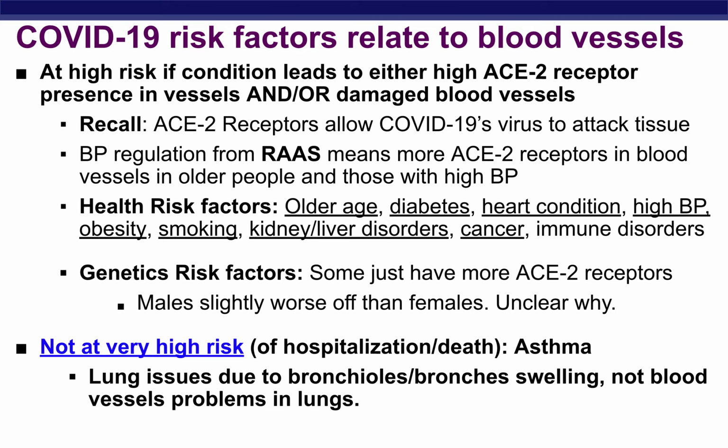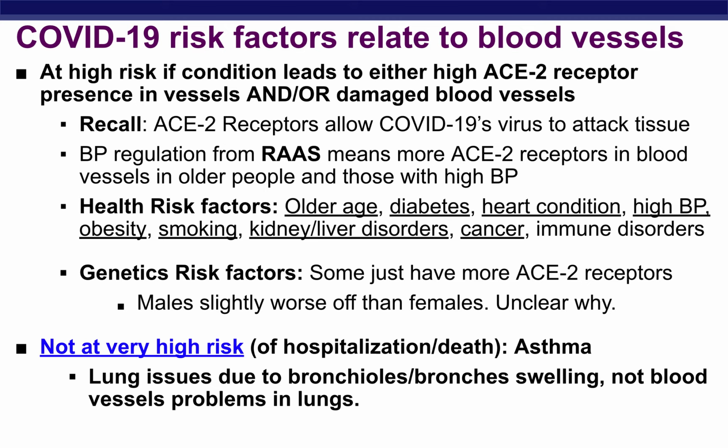Generally speaking, because the COVID-19 virus specifically uses the ACE2 receptors to attack, and your ACE2 receptors are found all over your blood vessels, conditions that result in having lots of ACE2 receptors in your blood vessels and/or just having poor blood vessels in general are the things that often lead to a really bad outcome if you get COVID-19 and do not have some sort of immune protection from a vaccine or something like that.